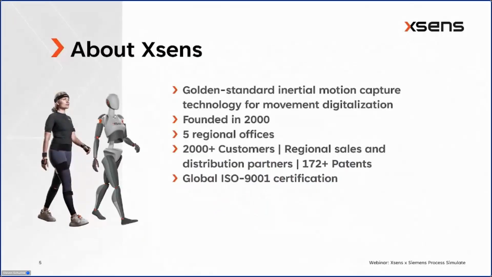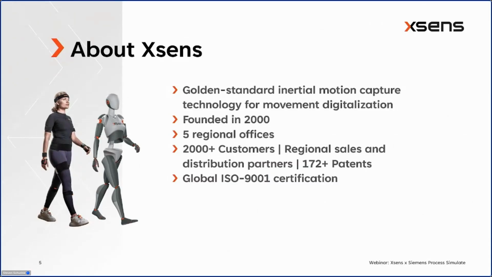So for those who are not familiar with Xsens, a short introduction. Who are we? We're a company that creates motion capture technology with inertial sensors for movement digitization. We've been doing that for 25 years now, and with 5 regional offices and customers around the world, we operate globally.